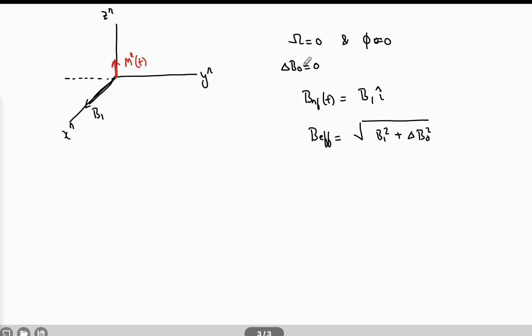Since delta B naught is 0, I can say that B effective is equal to B1, and now B1 is only along the x-axis. So MRT precesses about B1 and it will keep on doing that motion, right? So this is the effect of applying the RF field, and this particular process is called resonance.